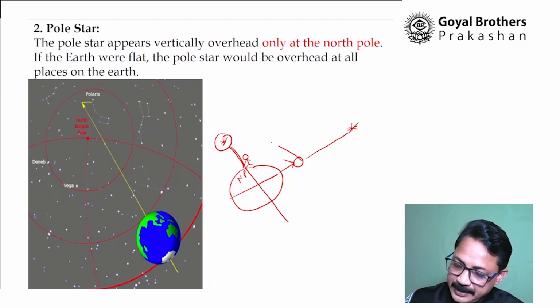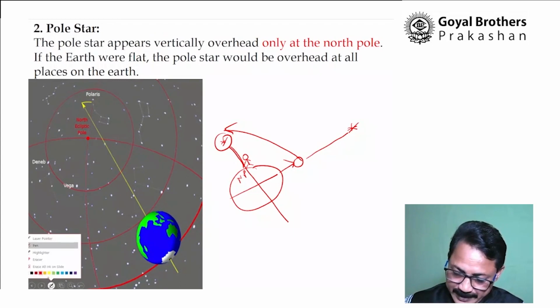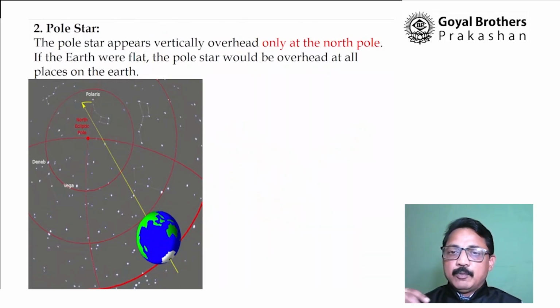So he has to look at this side in order to see the pole star. This is another proof that the Earth must be spherical in shape, because pole star is seen directly overhead at the North Pole. Now my question to you: what will happen if you stand at the South Pole?